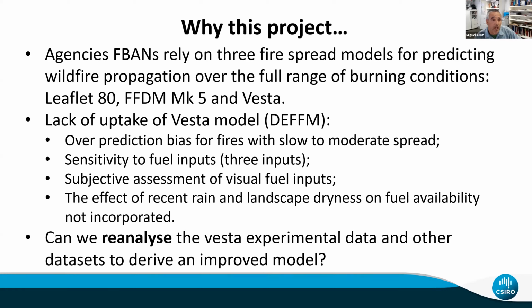One of them is an over-prediction bias for fires with slow and moderate or even high rates of spread, and that's why users tend to use the Mark 5 instead of Vesta for this mid-range of fire propagation. Besides this over-prediction bias in that range, there are also other issues, namely that the model is quite sensitive to the fuel inputs, and this might also contribute to that over-prediction bias.